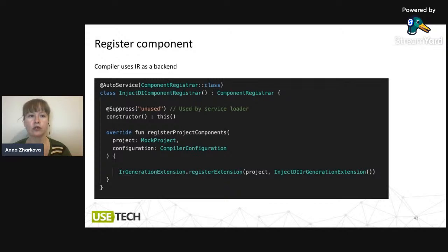When you begin to work with the Kotlin compiler, you will notice that there are IR prefixes in every command and every entity. It is because the compiler uses IR technology as a backend. We will not speak a lot about this technology, but what could be said about IR?